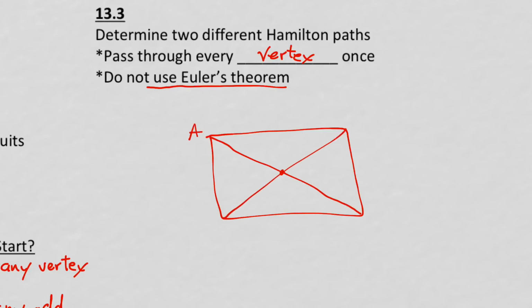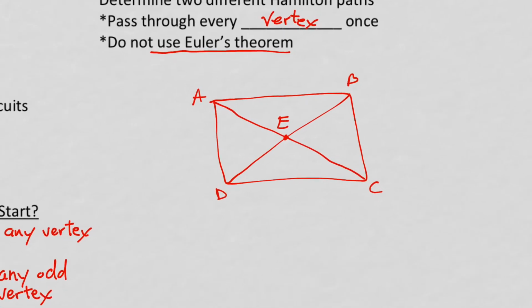So A, B, C, D, and then E. Okay, so we can just start at A and then go to B and then go to C and then go to D and then go to E, and that's it.